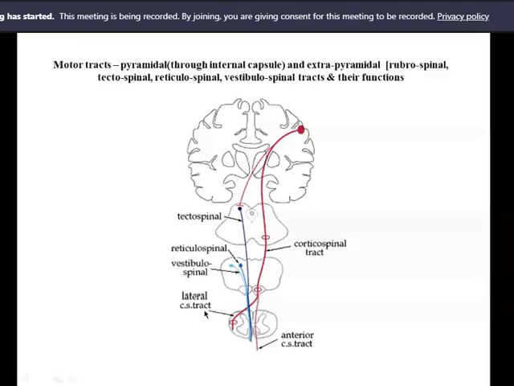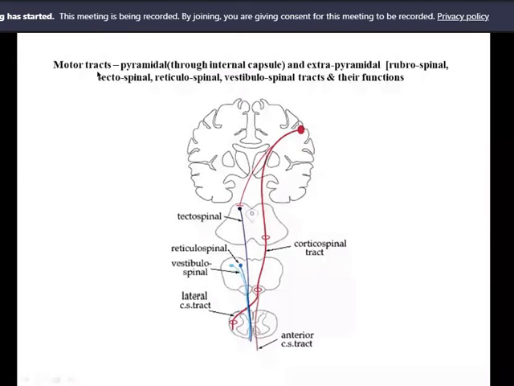Yes, sir. So extrapyramidal tracts are rubrospinal, starting from the red nucleus, then tectospinal. Tectum, that is called tectum, right? One portion of the brainstem is projected like the lintel of the roof, and that is called tectum.